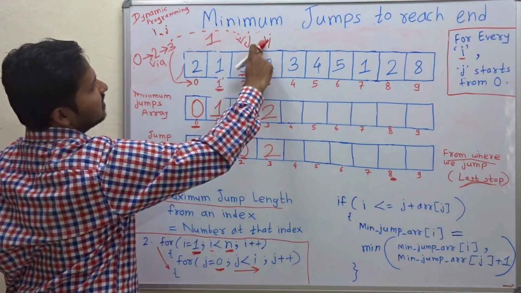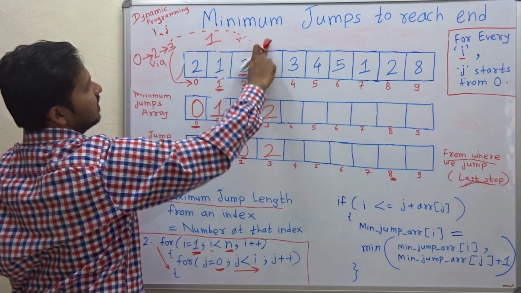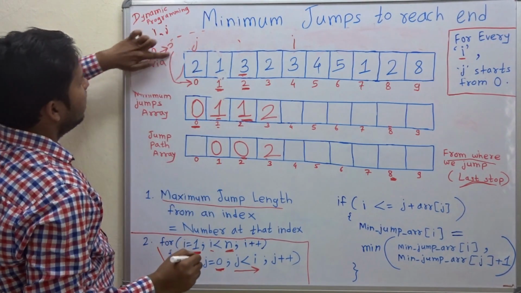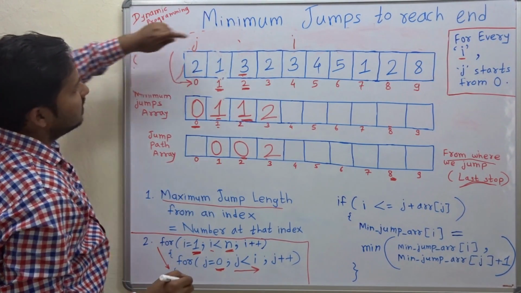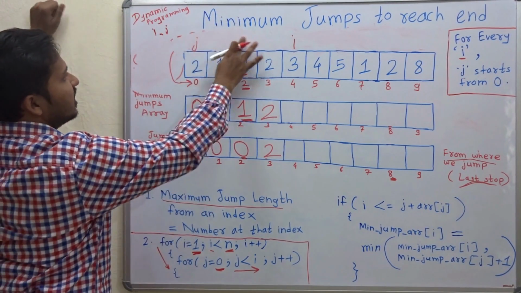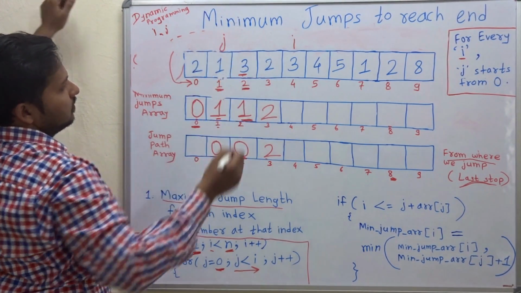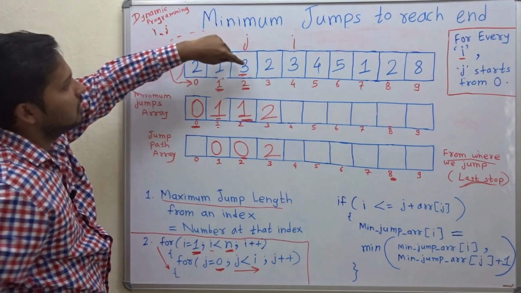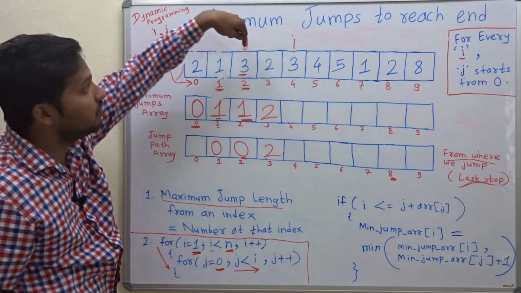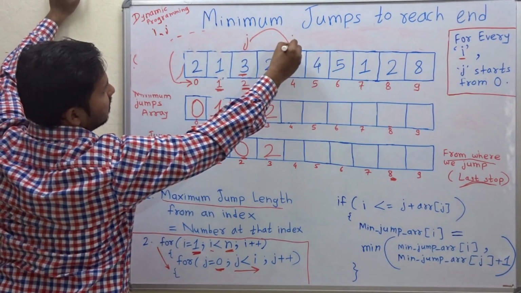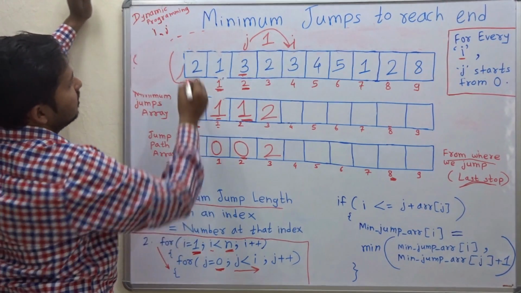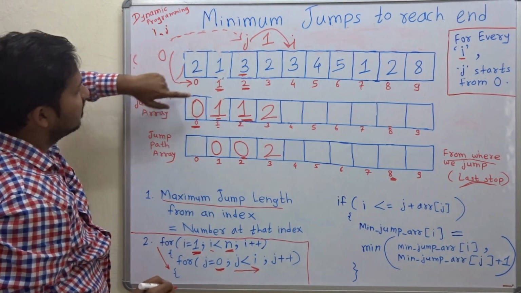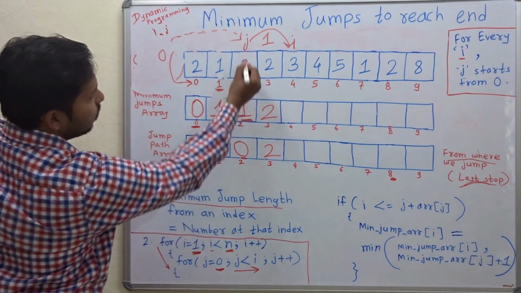As j has reached I now, let's increment I, and j will again start from 0. Again I is not in range of j, so increment j. Now I is not in range of j, so increment j. Now here, yes, I is in range of j. So you can jump. This 1 jump plus to reach j from the 0th index, 1 jump is needed.